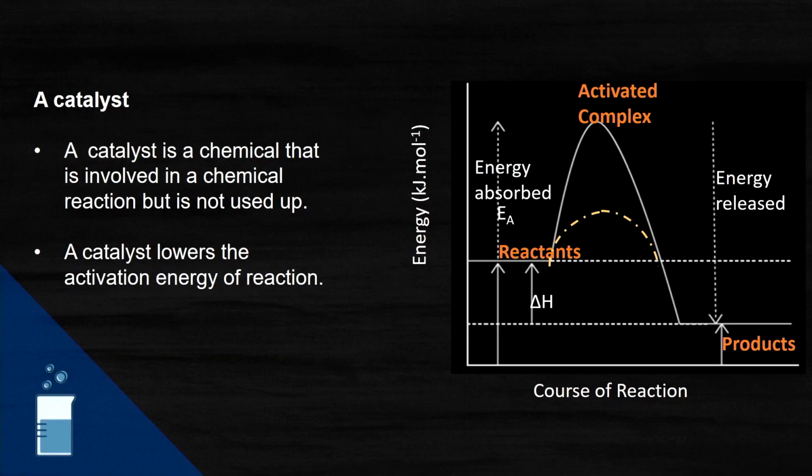So if we look at this energy profile, you can see that there is a dotted yellow line here, and that is what the catalyst will do. It lowers that activation energy and provides a different path for the reactants. It does not in itself change chemically.